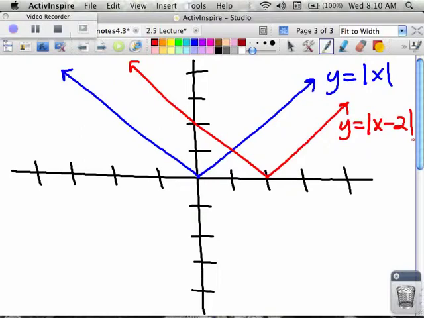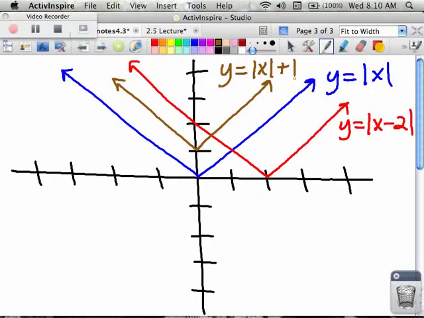Whereas, if I were to draw the following graph in brown, this graph has moved up 1. Look at the difference. Notice how the number that's affecting the graph is on the outside of the symbols in the brown, but in the red, it was inside. Inside stuff is the horizontal movement, outside stuff is the vertical movement.